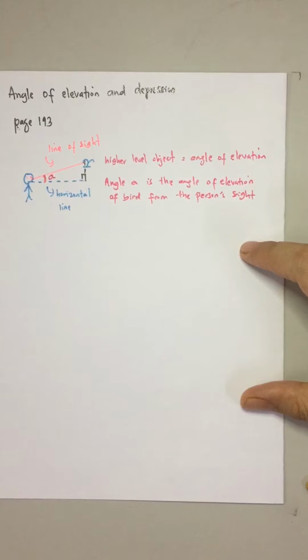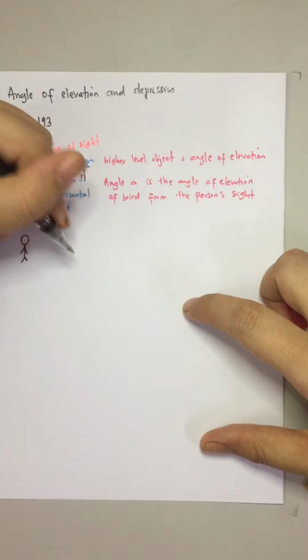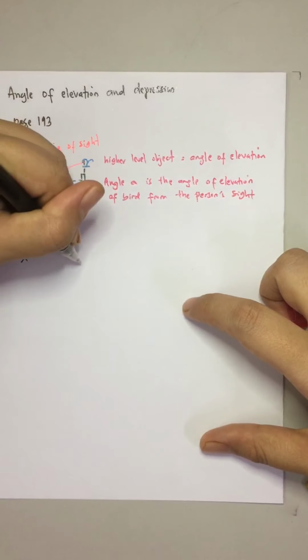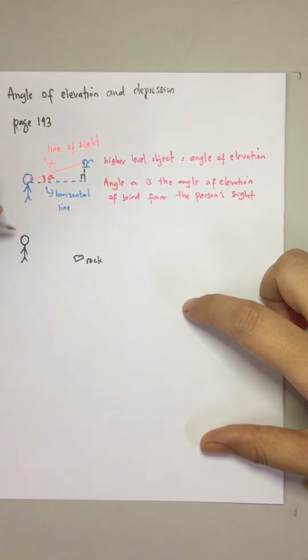So what about the angle of depression? We use this when a person sees an object at a lower level. Let's say this is a rock, batu, this person sees.